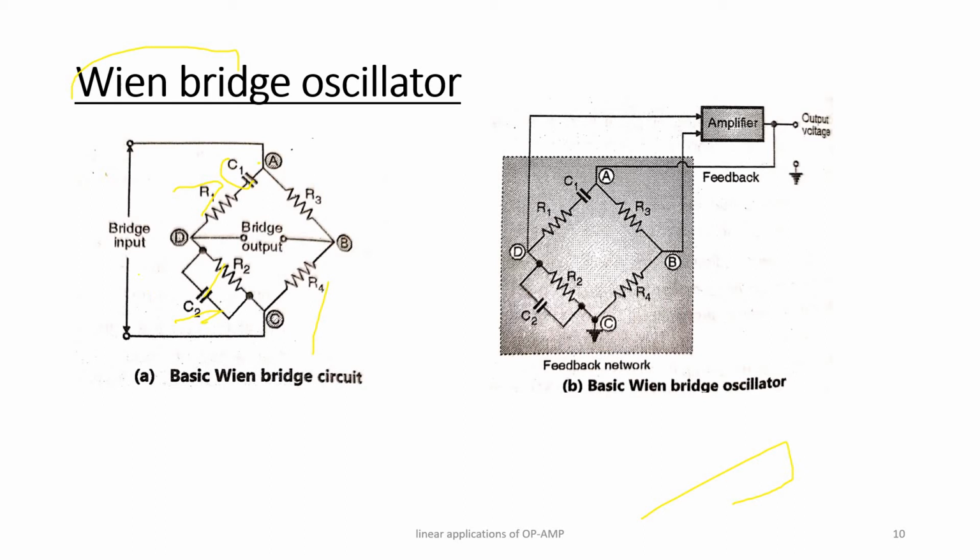And the arm CD has a parallel combination of resistance R2 and C2. This combination of R2 and C2 is called the frequency sensitive arm, because the components connected in this arm decide the oscillation frequency. Therefore, it is called the frequency sensitive arm.